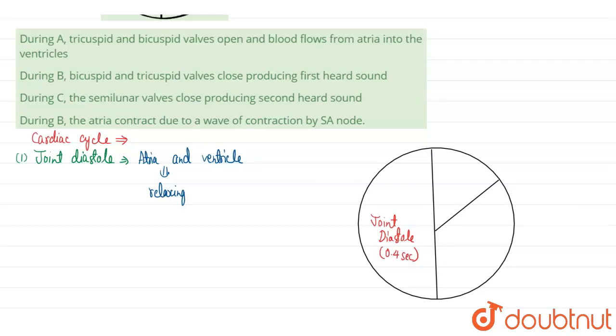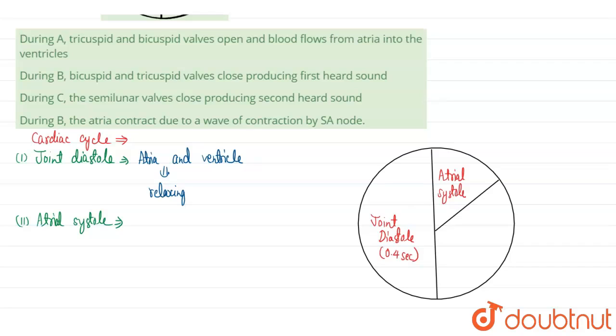And our B will represent the atrial systole. Systole means contraction, so atrial systole means the contraction of the atrium.